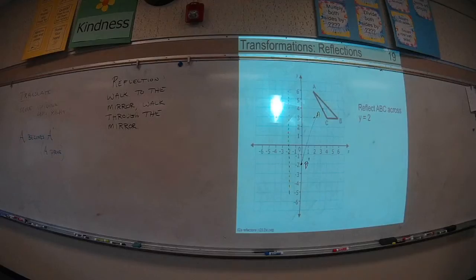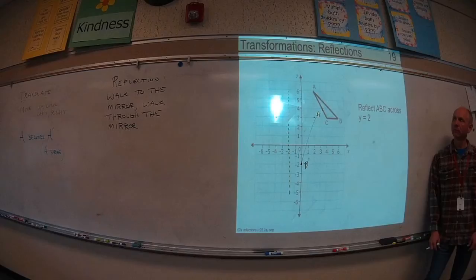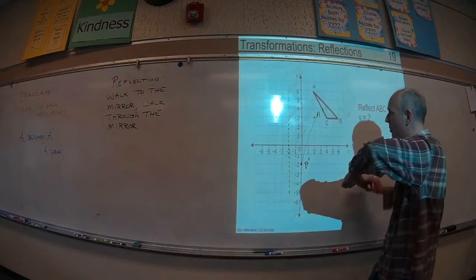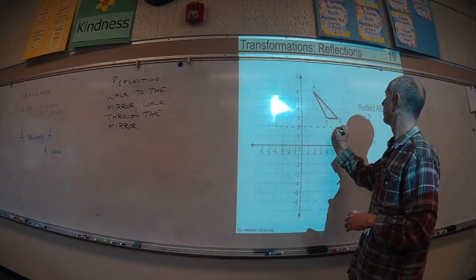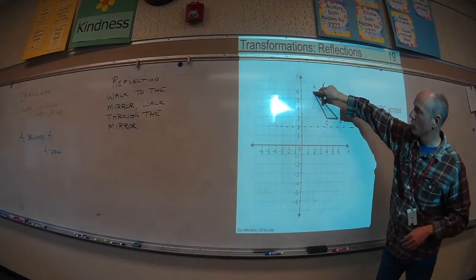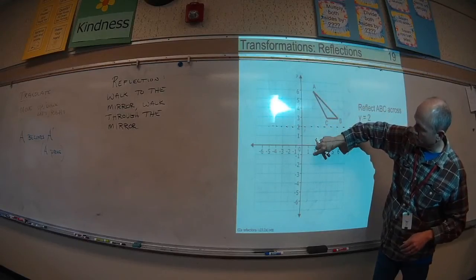All right. Show me with your arms. Where is the mirror? It looks like this at y equals 2. Count with me, Trent. 1, 2, 3, 4. Through it. 1, 2, 3, 4.